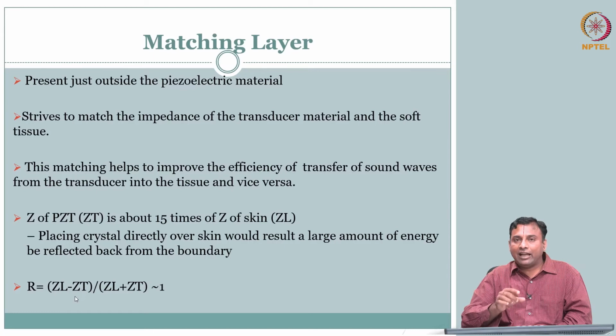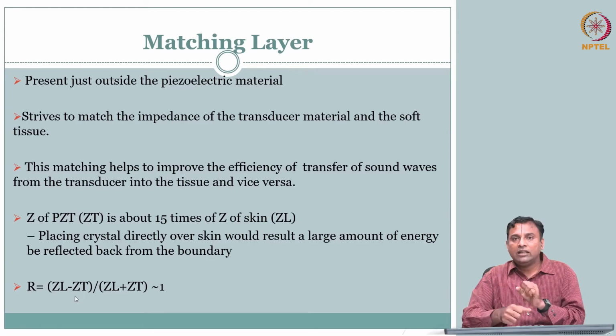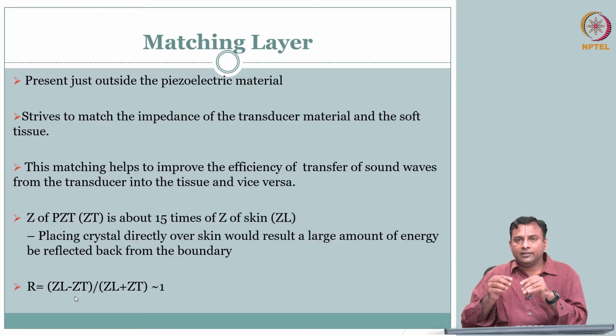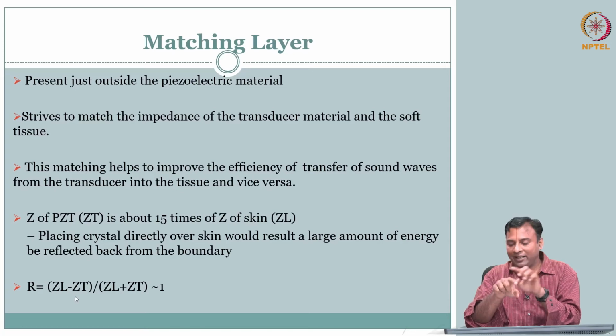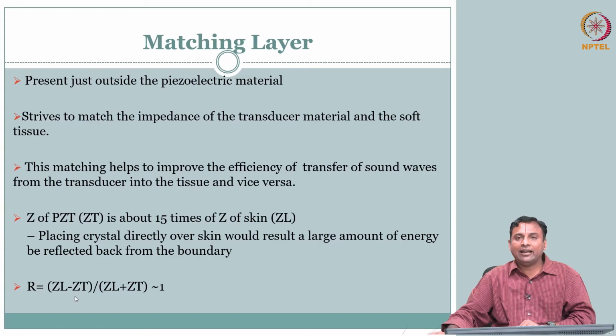In fact, after having the matching layer also, we talked about putting a gel and then placing it. Okay. So that is to really make sure that you have sent out the trace of air that may come between the matching layer surface and the skin surface. You do not want air to come in that layer. Okay.